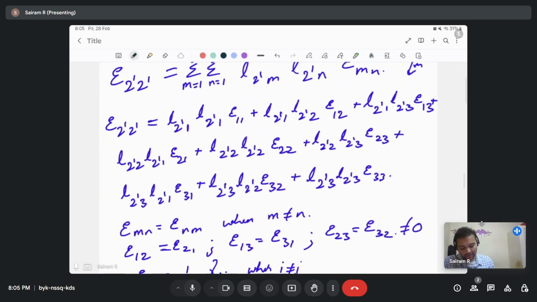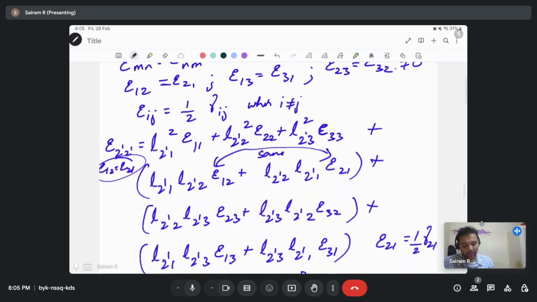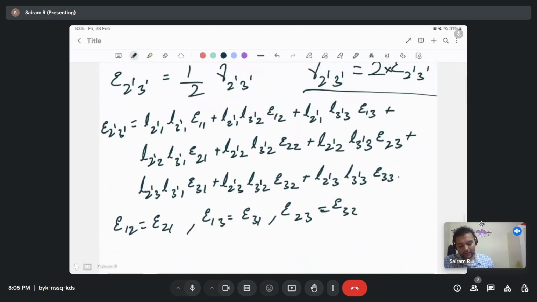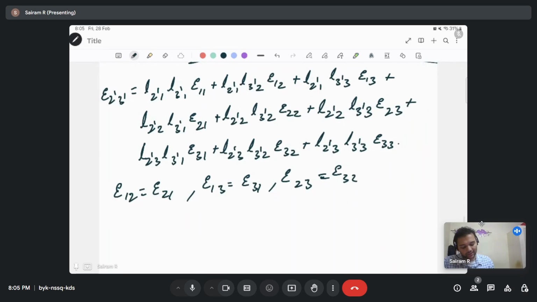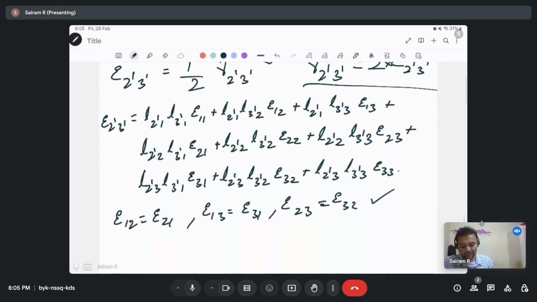Because we had an expression like L2 prime 1 L2 prime 1, we could make this L2 prime 1 square. Similarly L2 prime 2 L2 prime 2 became L2 prime 2 square, and L2 prime 3 L2 prime 3 became L2 prime 3 square. We would not be able to do anything of that sort here because we don't have any such similar terms at all. So we will have to use this equation and what we know here to try and solve this.